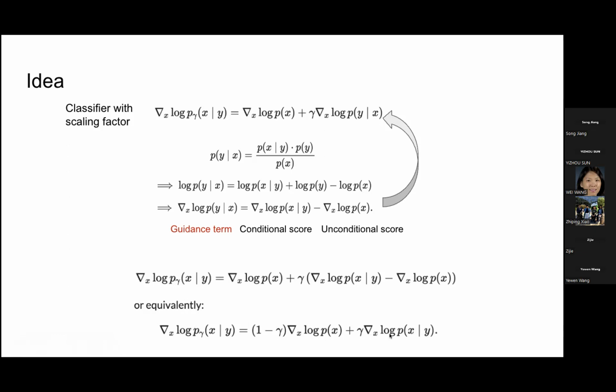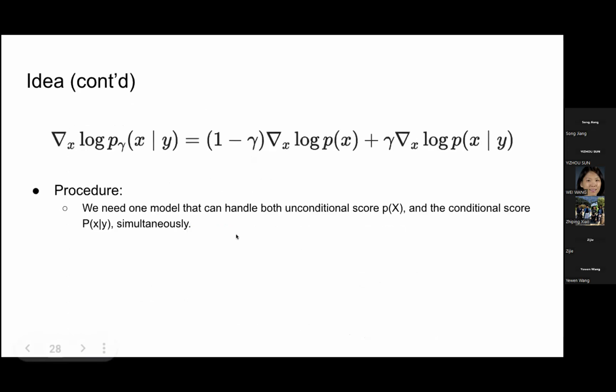For the left part, it has the scaling factor, but in the right part, the scaling factor is not in the model. It's just a coefficient here. So it seems that if we can have a model that can generate both unconditional and conditional scores, then we don't need an extra classifier. That's the idea of the classifier-free guidance model.